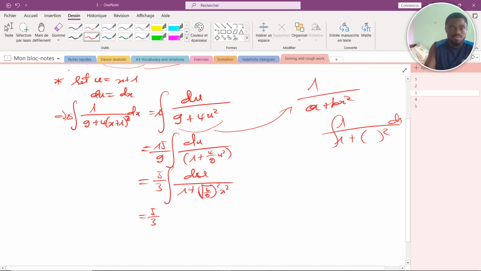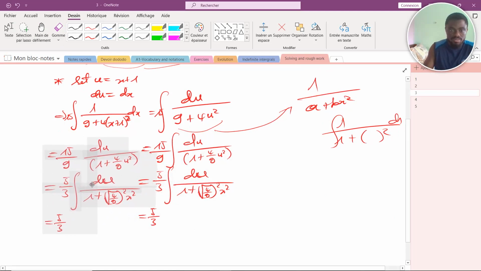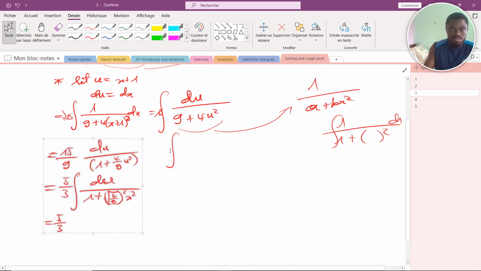Wait a minute. I want to have some more space. Let me move this right here. Oh, I need to move this integral sign. This is it here. Now, this will be equal to the integral, this will go inside.